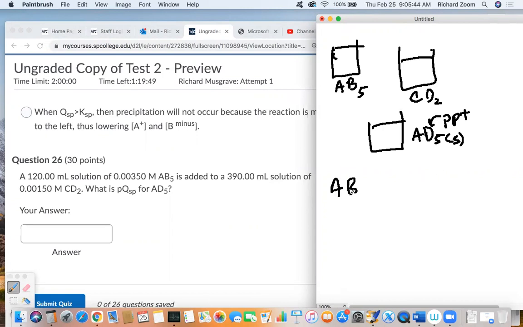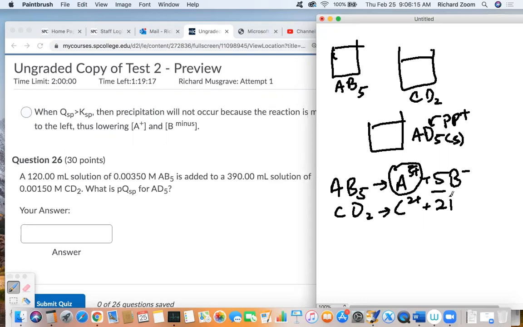So AB5 is going to split into A 5+ and 5 B minuses. Now the charges really don't matter, but the coefficients certainly do. Now what are we interested in here? We're interested in the concentration of A from that one, and from the other one, which is CD2, we know that's going to be C 2+ and 2 D minus, and we're only interested in the D out of that.